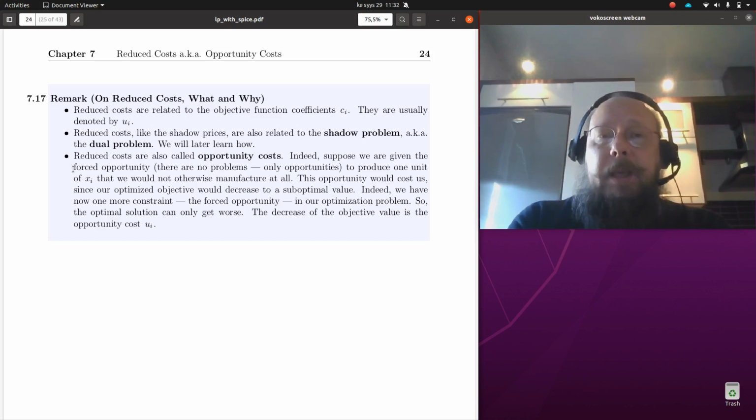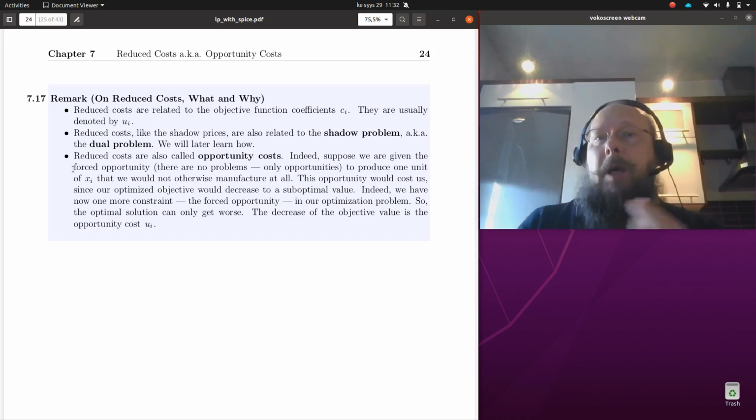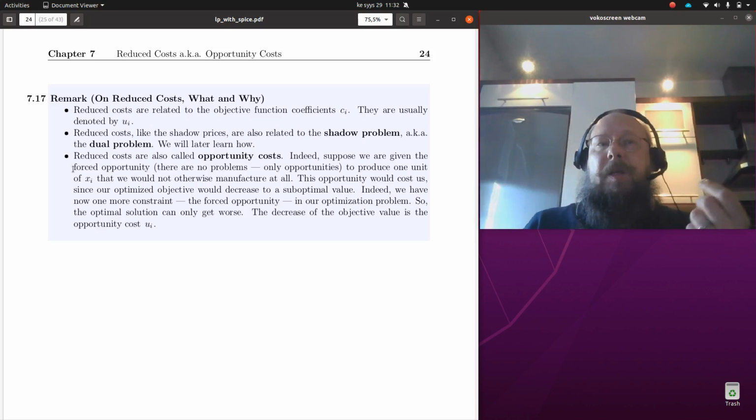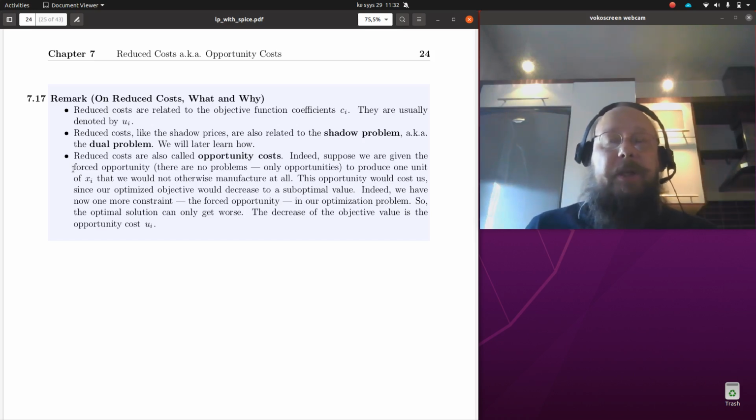So what does this mean? It means that this opportunity will cost us, since our objective must decrease, if this is a maximization, to a suboptimal value, because at the optimum we are not producing them. Now we have to produce one unit, so our objective cannot increase. The only thing that can happen is that we do worse.